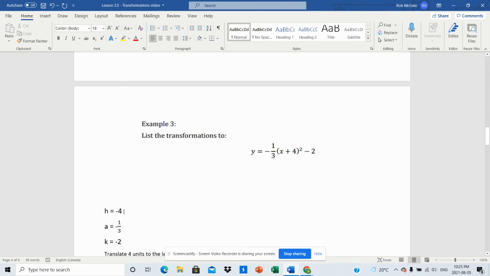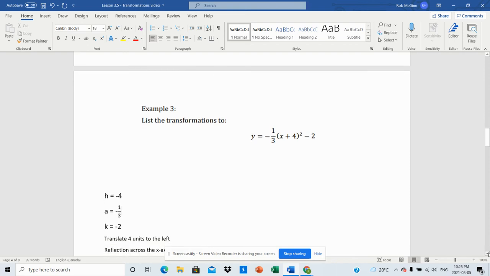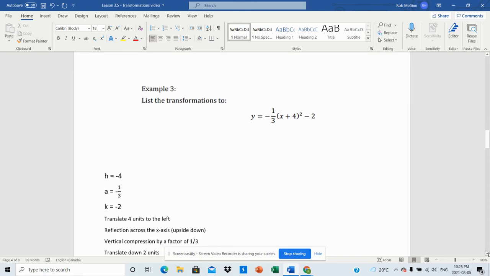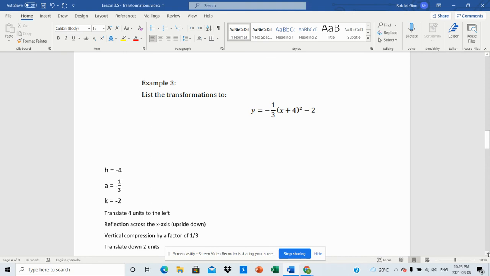So, once again, h is negative 4. That means that we're going to start off with a translation 4 units to the left. So translate 4 units to the left. We have reflection across the x-axis. So that's going to make it open downwards.